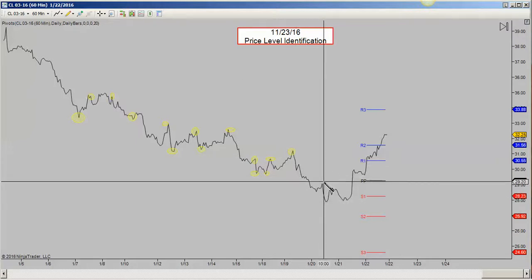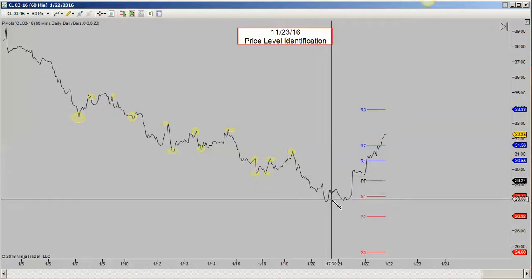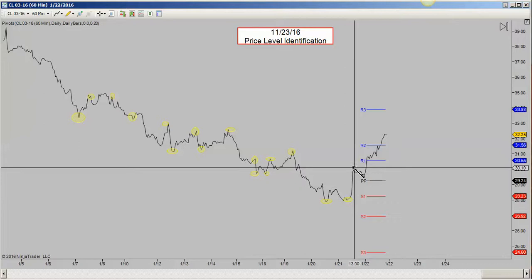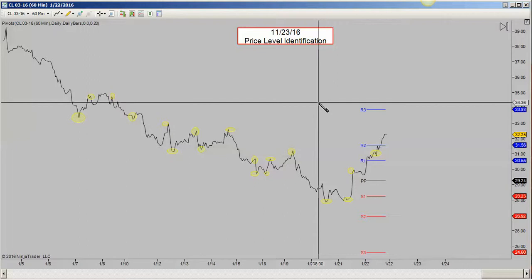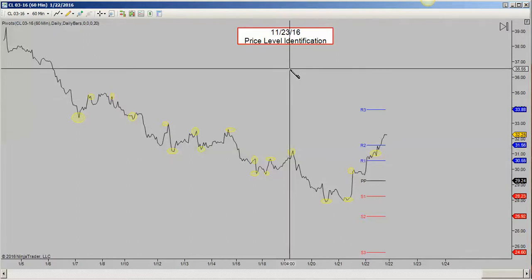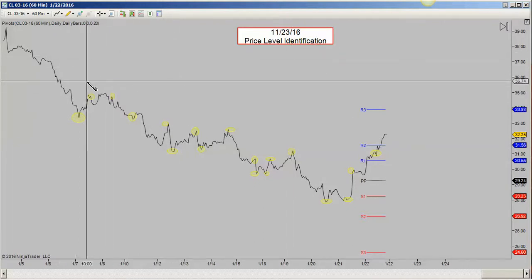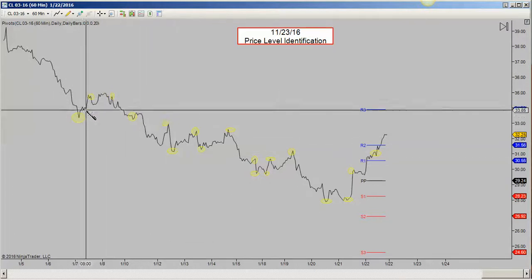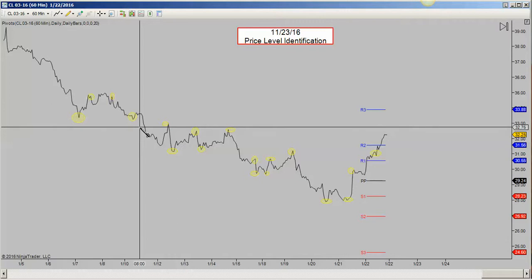And it looks like there are a couple of pivot points here, here, and here. All right. Okay, so that's the first thing we want to do: identify the pivot points on the chart, the highs and the lows that are obvious and clear.